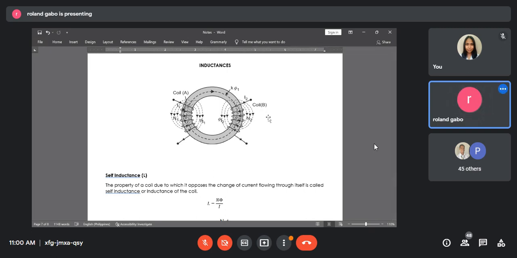And then of course ang magnet mo flow sa ato ang core paingon sa coil B.